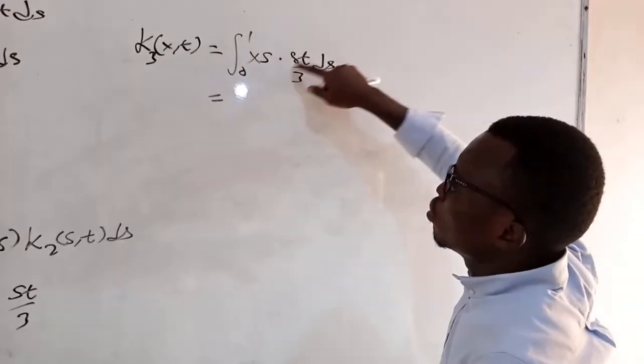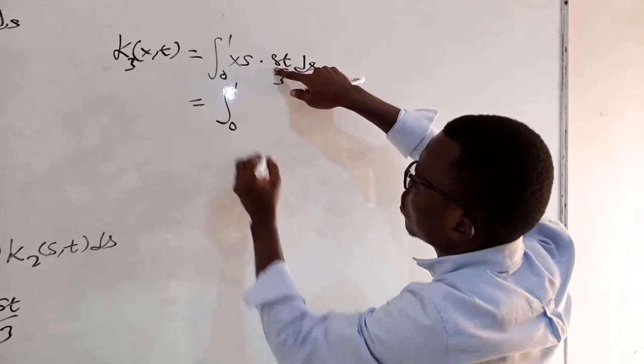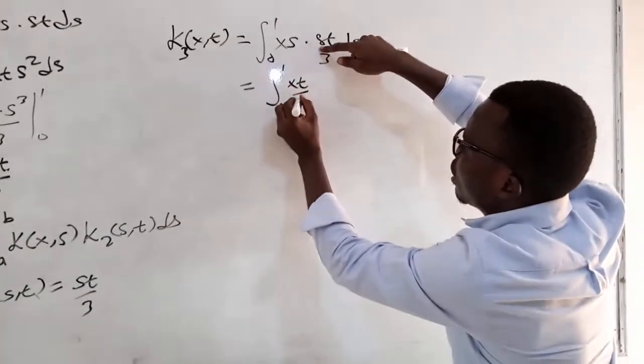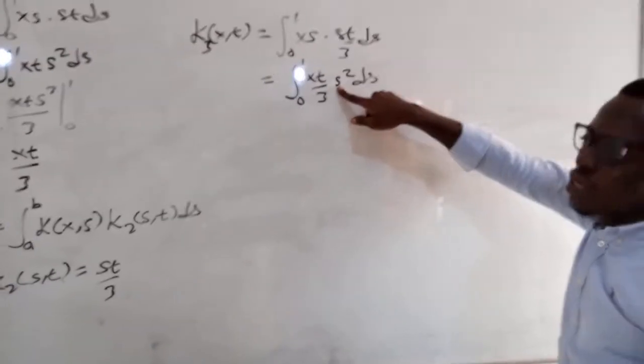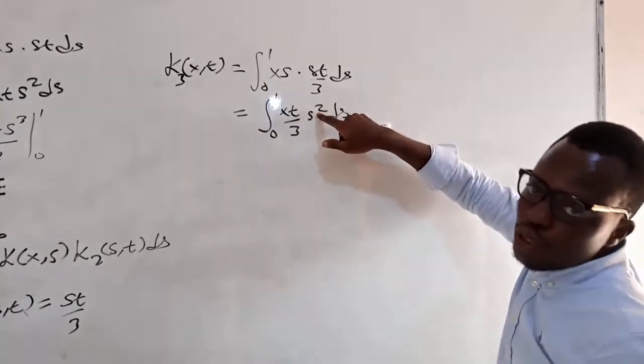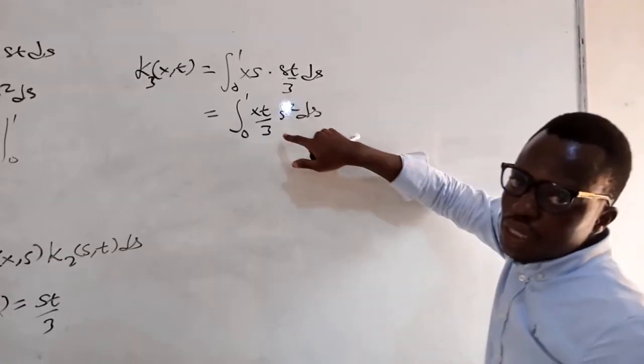If you multiply these two things, you're going to get the integral from 0 to 1, and this time you're going to have s squared, so st divided by 3, then s squared ds. If you integrate, you're going to have s cubed divided by 3. This same 3 times 3 will give me 9.